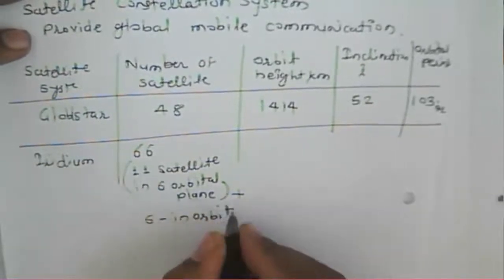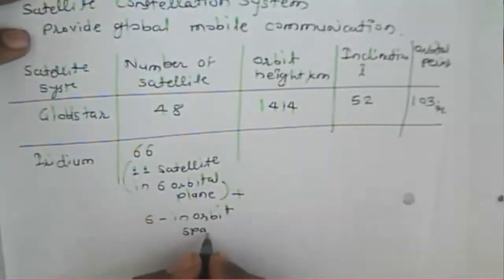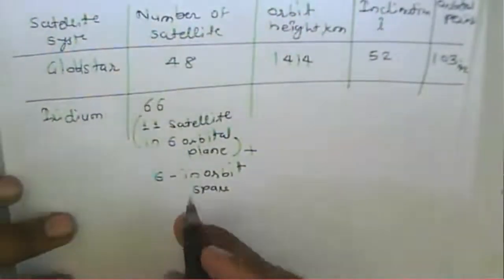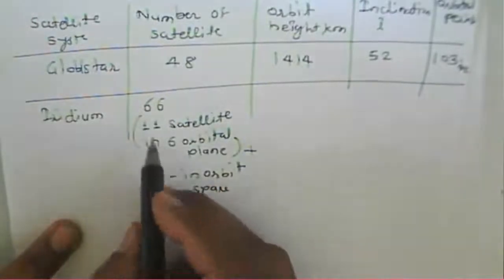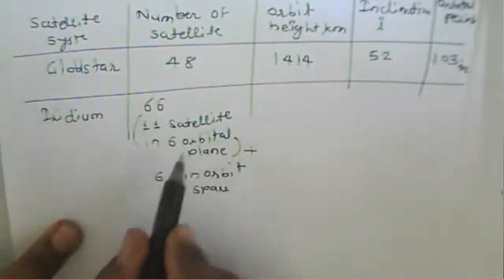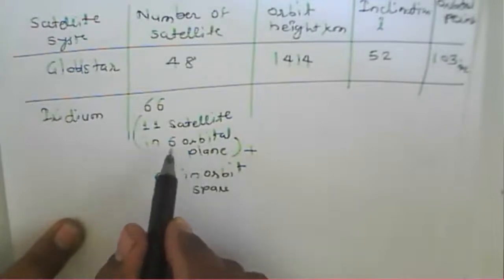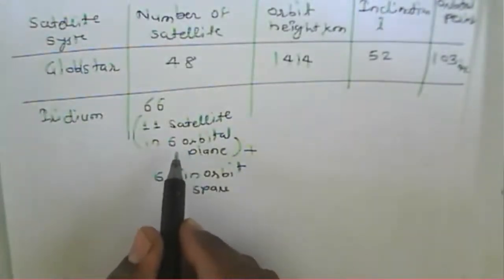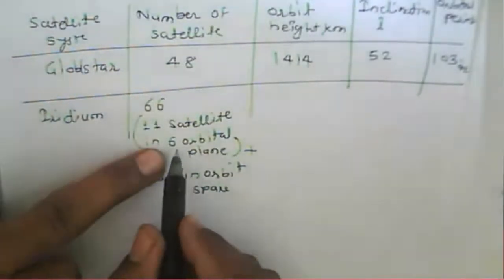And they have 6 in orbit for spare. Means they have 11 satellites in one orbit.